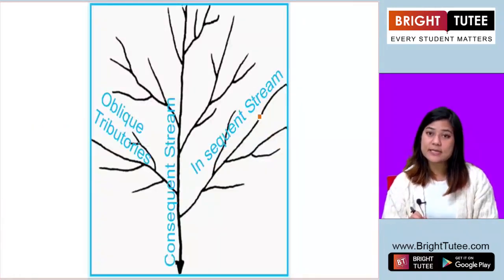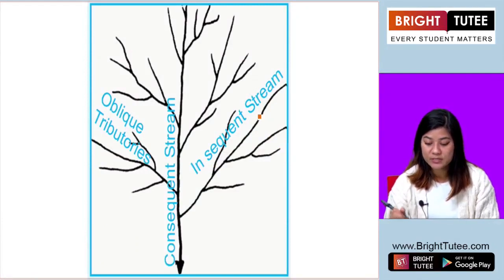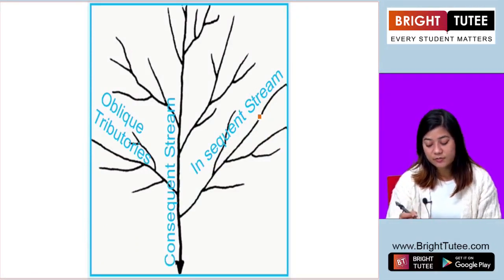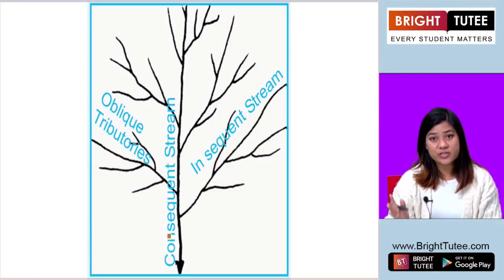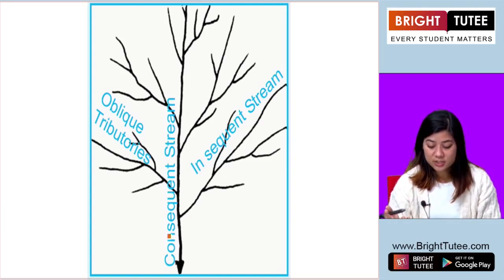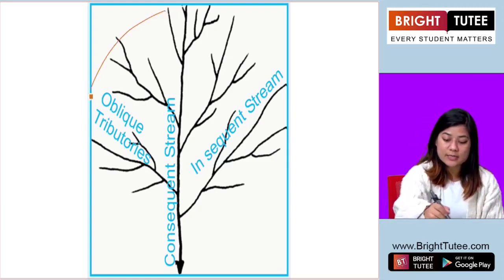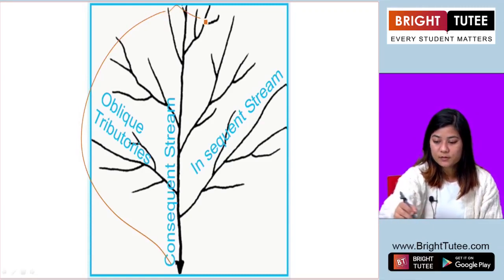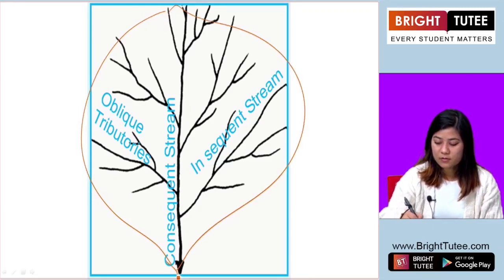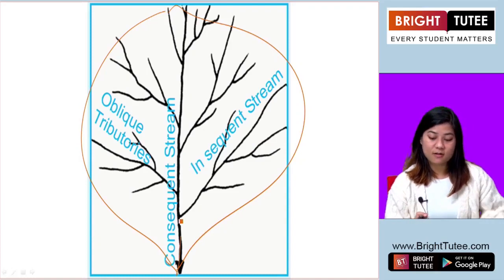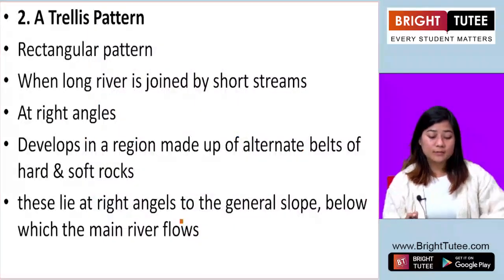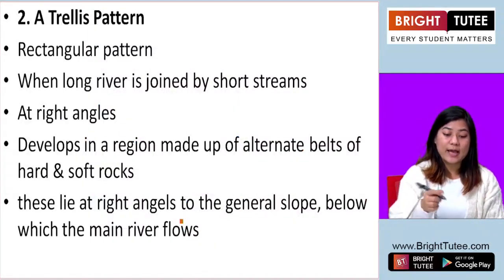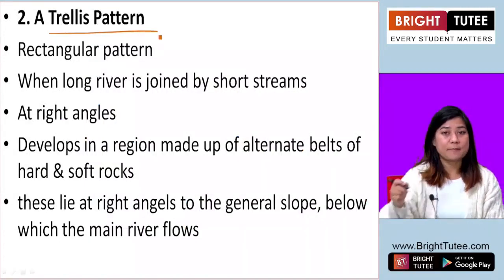So here is an image to help you understand what it looks like. So you see, it looks like a tree with its branches, and it also looks like a leaf with its veins. All right. The next pattern that we are going to look at is called the trellis pattern.